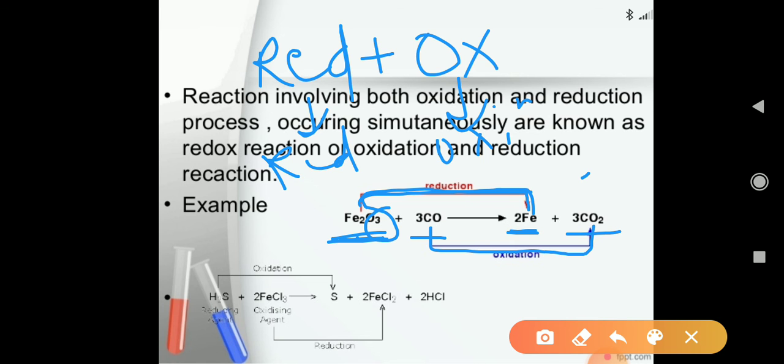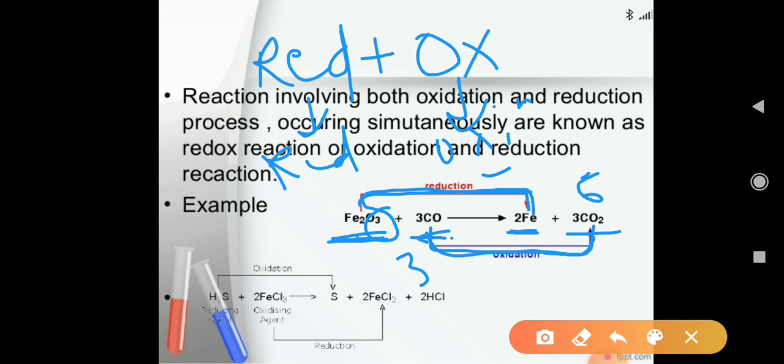therefore, we studied the definitions: removal of oxygen is a reduction reaction. So this Fe2O3 giving Fe is a reduction reaction because there is removal of oxygen. Now CO is converted into CO2. In CO there is one oxygen, and in CO2 there are two oxygens. If we consider the coefficient, 3CO has 3 oxygens and 3CO2 has 3 into 2, which is 6 oxygens.